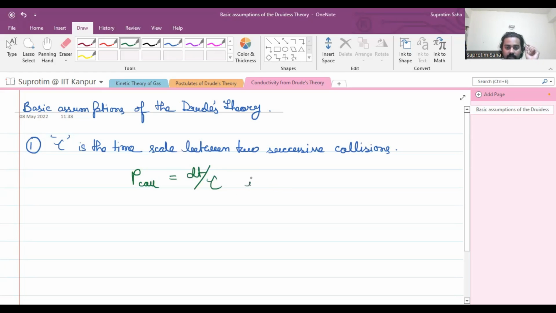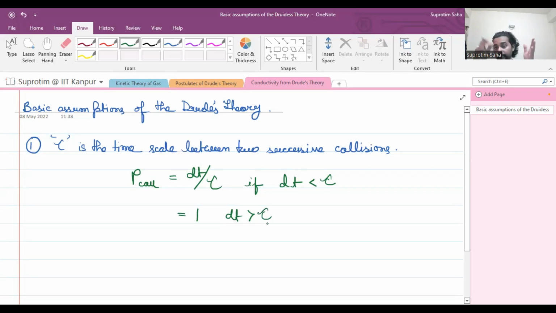This holds only when dt is less than tau. This probability goes to 1 if dt is greater than tau.